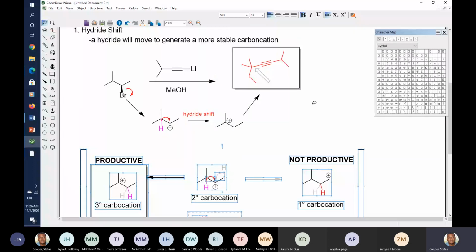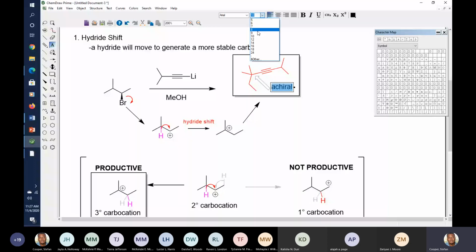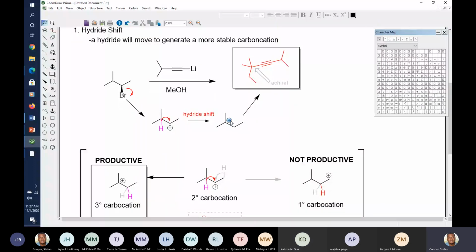All right, the reason why is that the center that has a nucleophile is achiral. What does that mean to be achiral? It has repeating groups. Yep, not chiral. That's right. So in this case here, because I put a plus on a carbon that has two methyl groups already, I can't draw a wedge and dash.